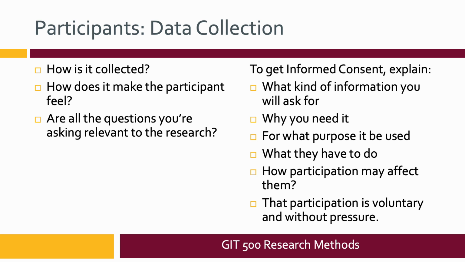And lastly, that participation is voluntary and without pressure, and that they can start participating and then for any reason at any time stop without a problem. So this is like the heart of getting data from participants. You need to get informed consent, and you need to explain these things.